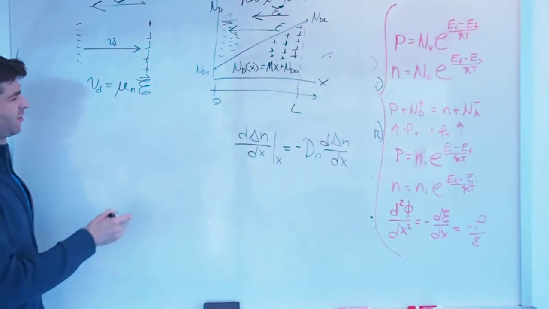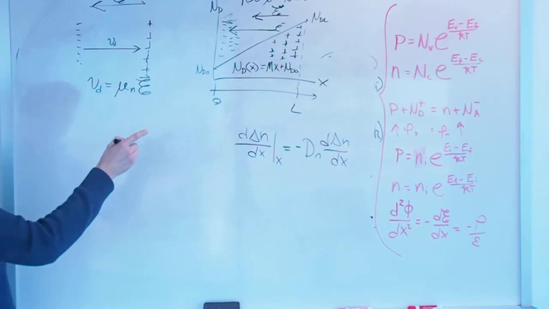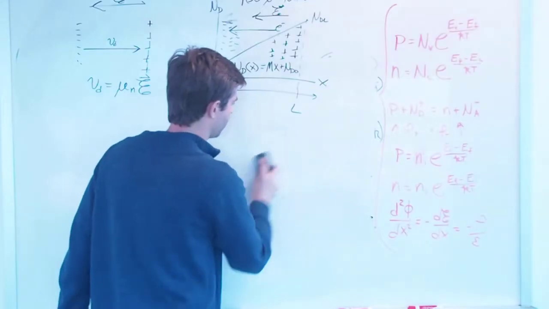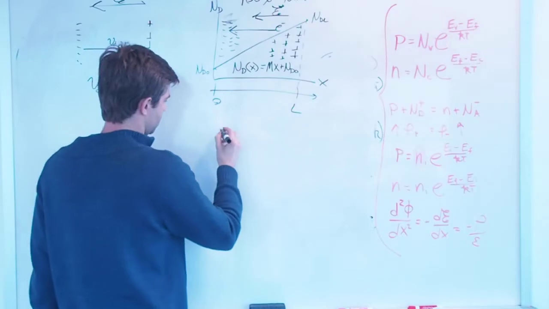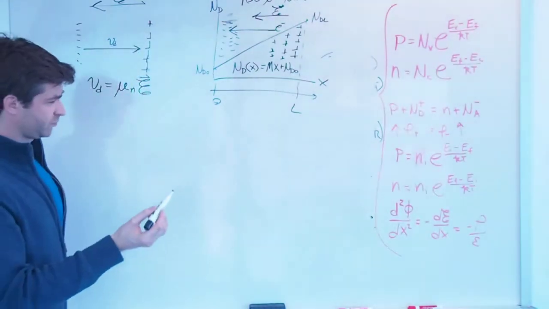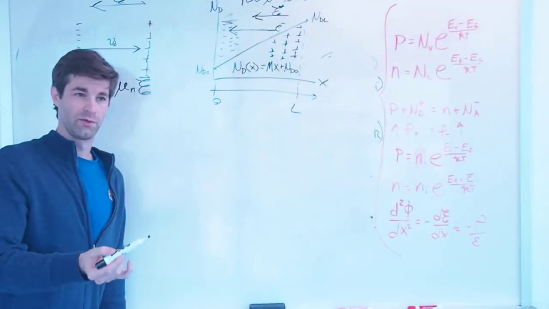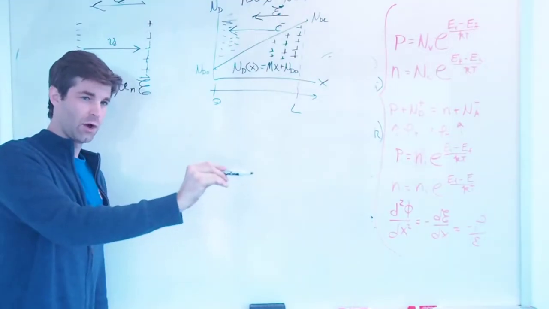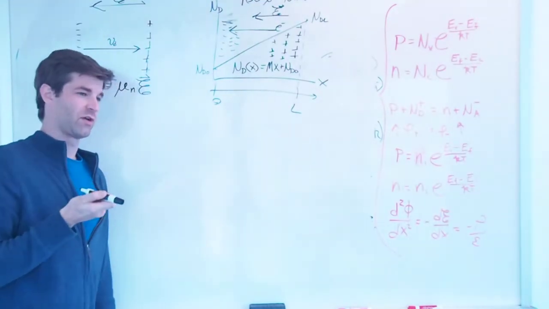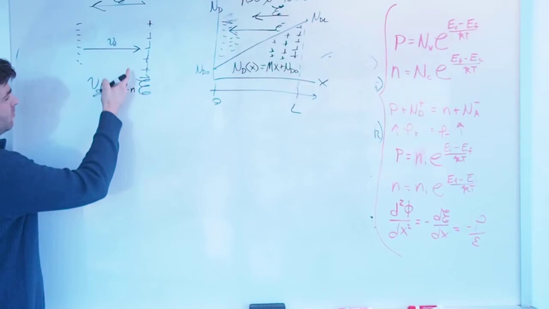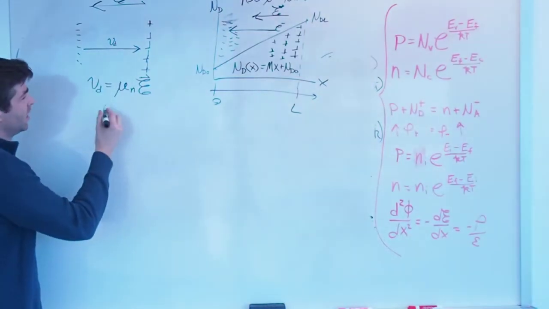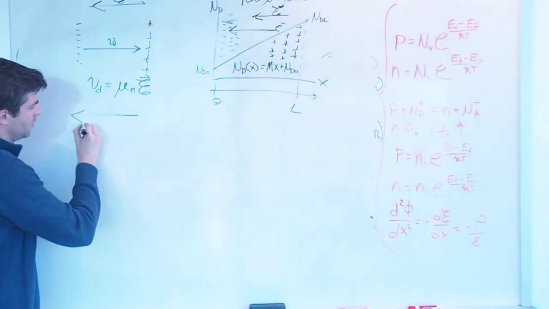So we have this drift current, which we're going to express. Oh, by the way, remember, electrons are negatively charged, so the direction of current is always opposite the direction that the electron is traveling. So what we call our drift current here is actually in this direction.